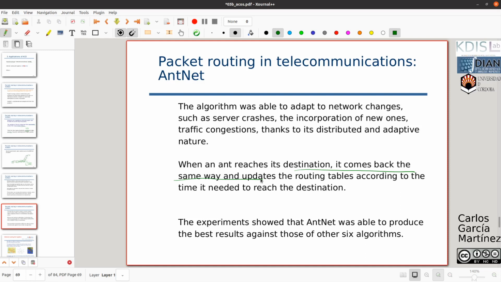Well, one of the interesting results that these researchers observed was that the algorithm was able to produce the best results against other algorithms, but also it was able to adapt to network changes. For instance, you can think of that computers do not work forever, so some of the computers in the network might get down.